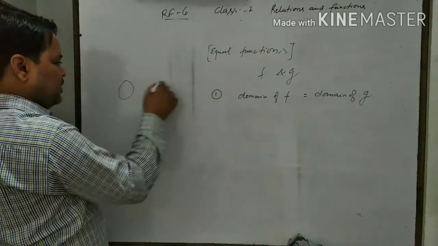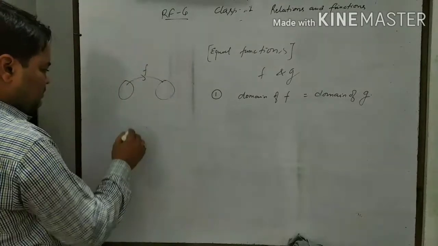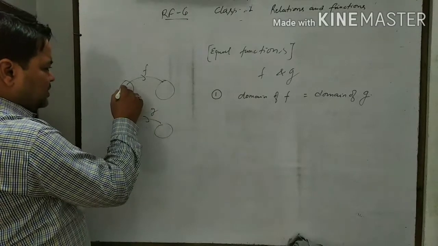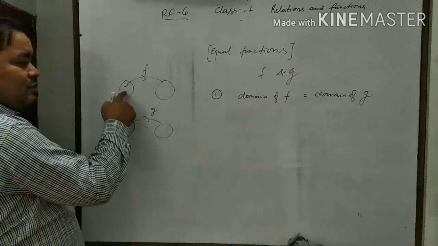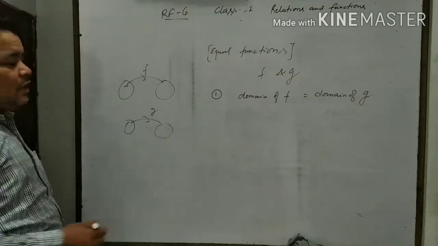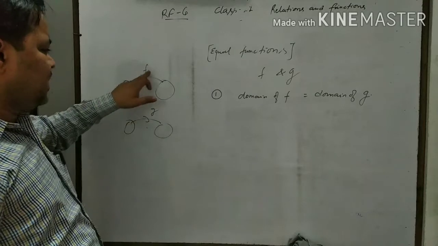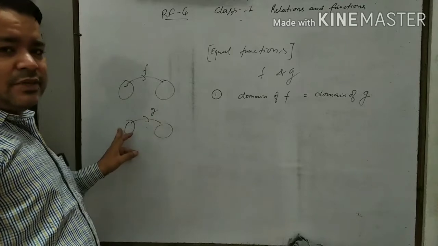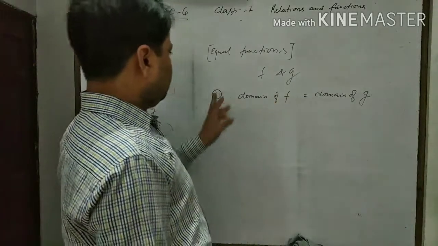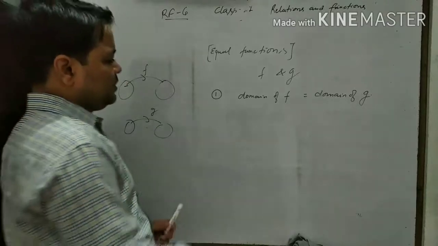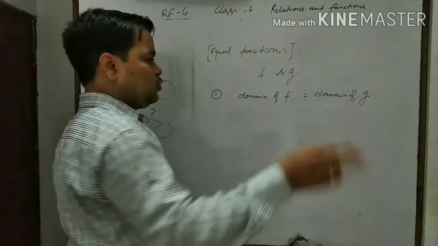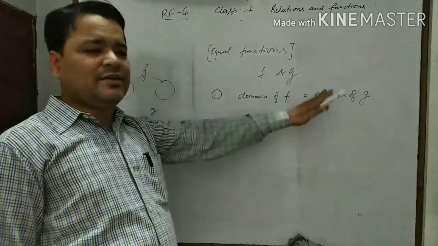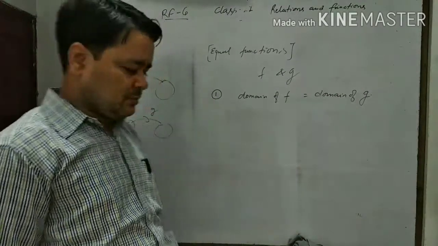Means, look here, if we have one function f here and here one function g, this is domain, codomain. If all the elements of the domain of function f are equal to all the elements of the domain of function g, then it will be equal functions. Means the first condition for two functions to be equal is that the domain of the first function should be equal to the domain of the second function. Means domain of f is equal to domain of g.